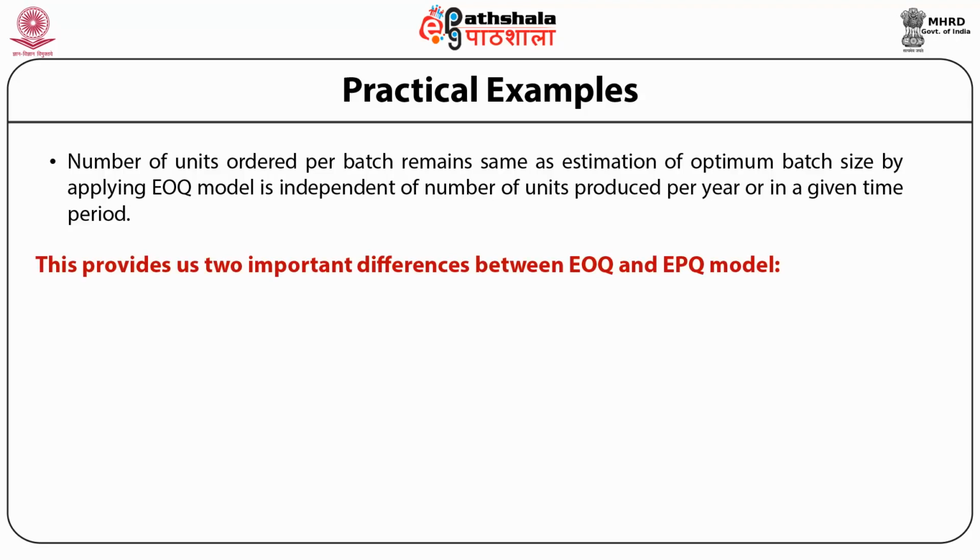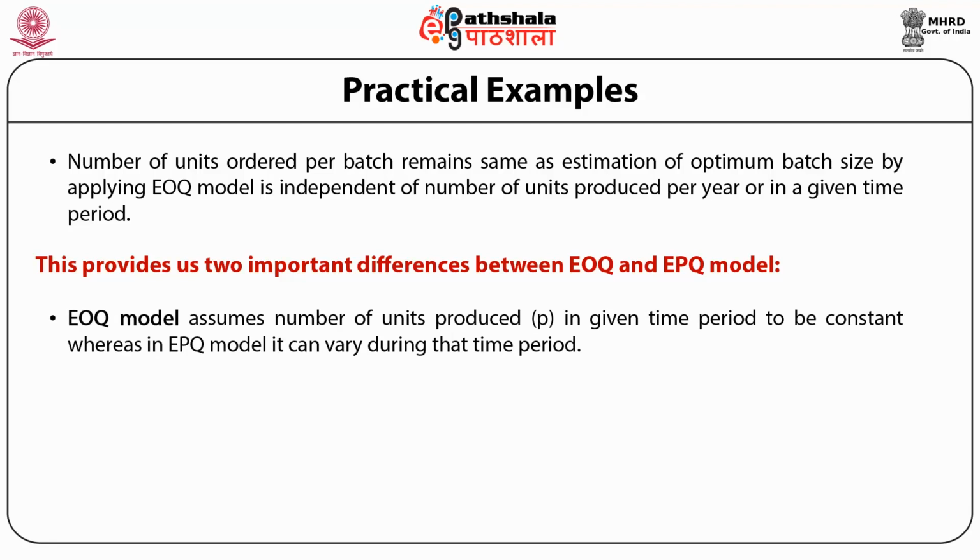This provides us two important differences between EOQ and EPQ model. EOQ model assumes number of units produced in given time period to be constant, whereas in EPQ model it can vary during that time period.